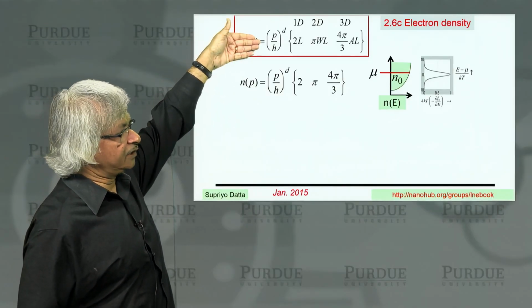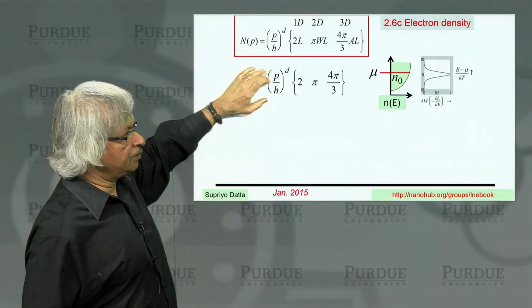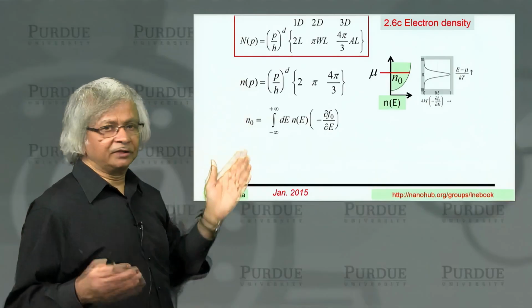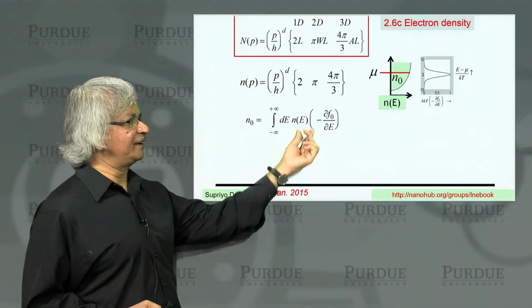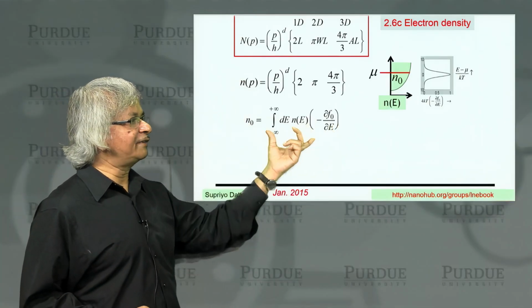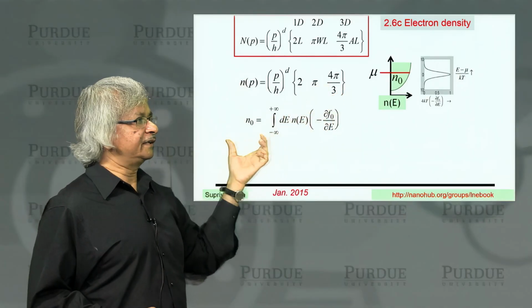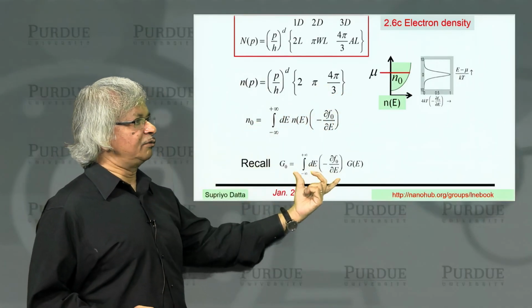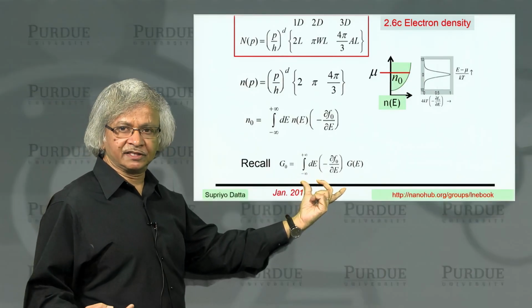If you take states per unit volume, you get the small n of p, and then you can combine it with the energy momentum relation to get an n of E, and then if you average it over energy, you'll get n0.